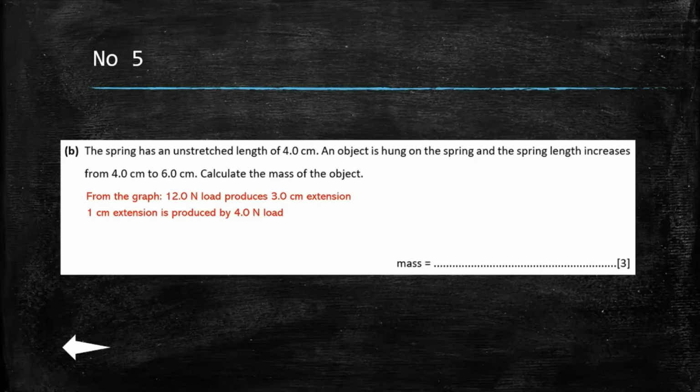The extension in this problem is 6 cm subtracted by 4 cm. So be careful guys, our initial length is the 4 cm. The final length is 6 cm. So the extension equals to 6 minus 4, which equals to 2 cm.